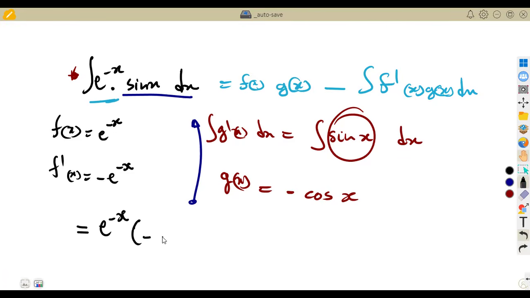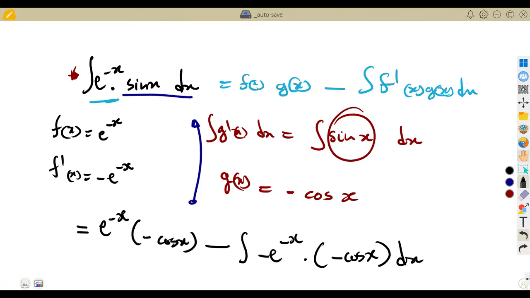So this is minus e to the exponent of minus x cos of x, minus the integral of f prime x, which is minus e to the exponent of minus x, times g of x, which is minus cos of x, with respect to x.